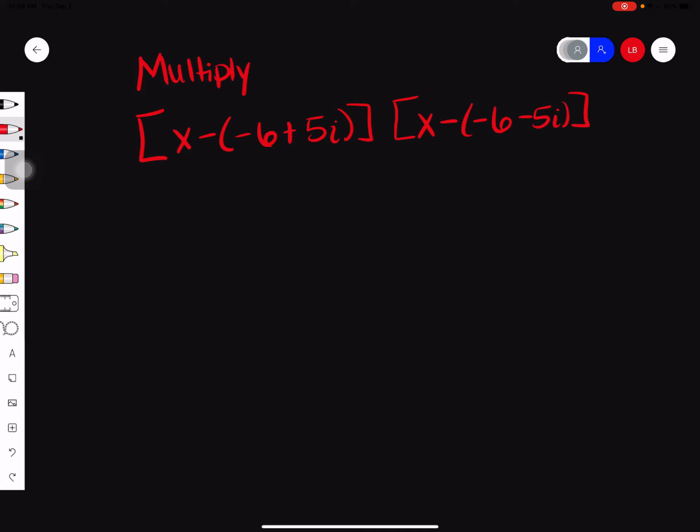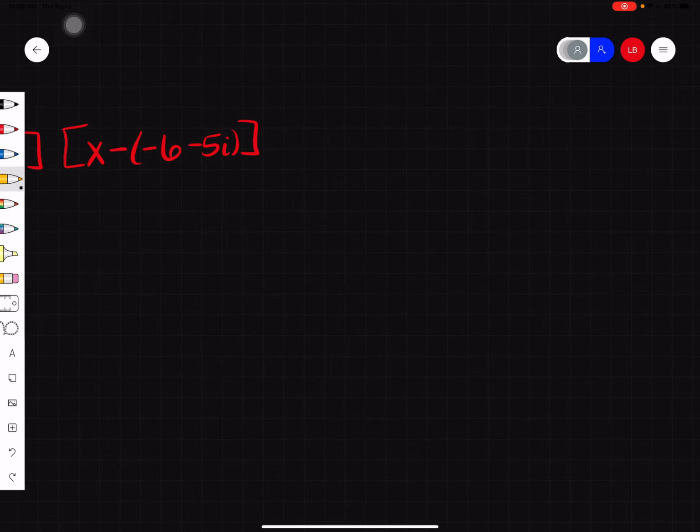But before we jump into this, I want to remind us of a rule that we have when we multiply binomials. We're going to take that rule and apply it to this expression and hopefully cut down on a few steps. Let me come over to the side.